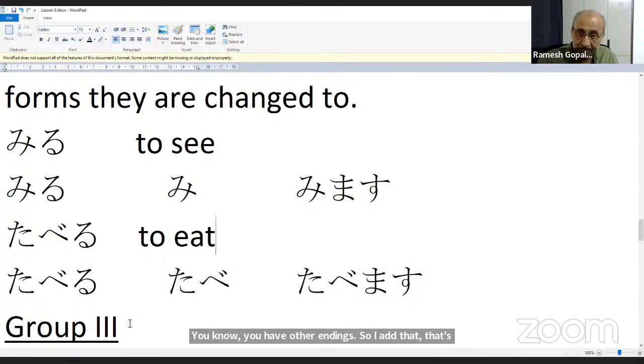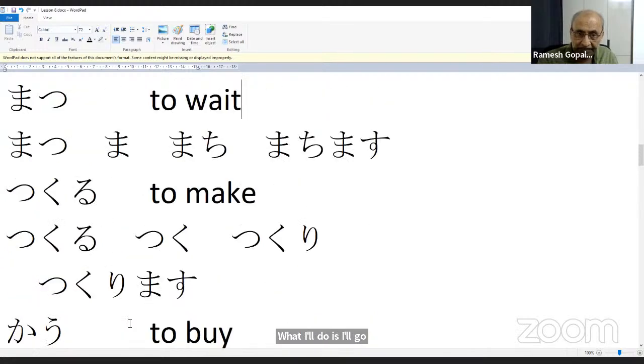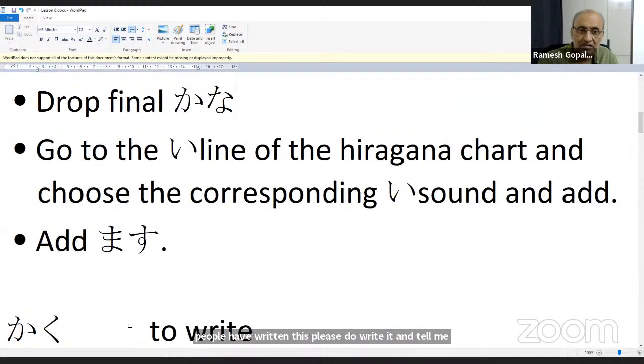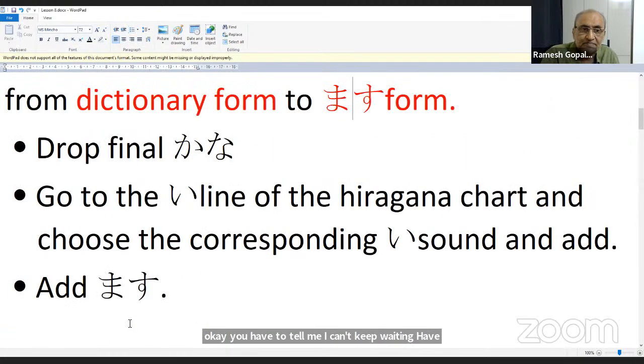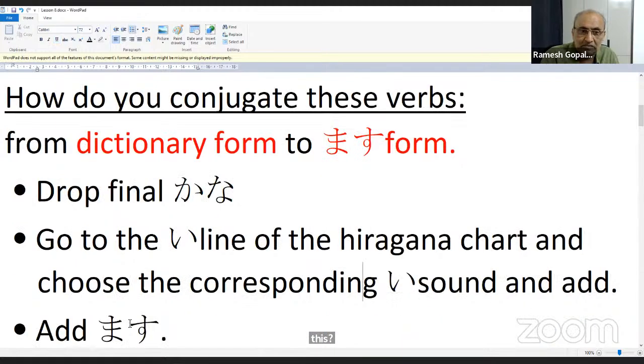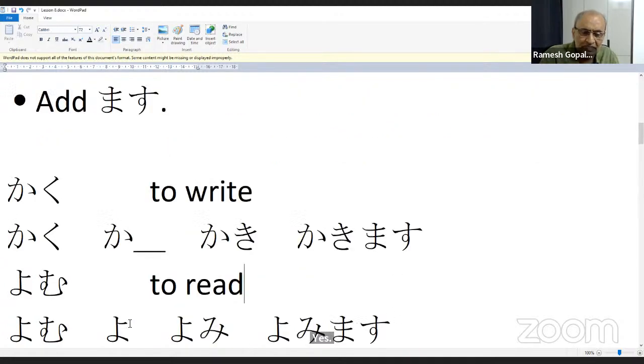What I'll do is, I'll go back. I don't know if people have written this. Please do write it and tell me. Okay, you have to tell me. I can't keep waiting. Have you written this? Yes, sensei. Have you written these verbs? Kaku, to write. Yomu, to read.